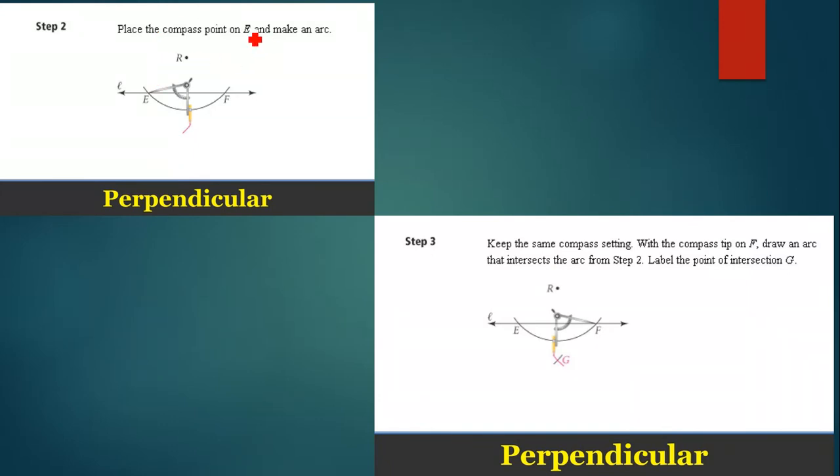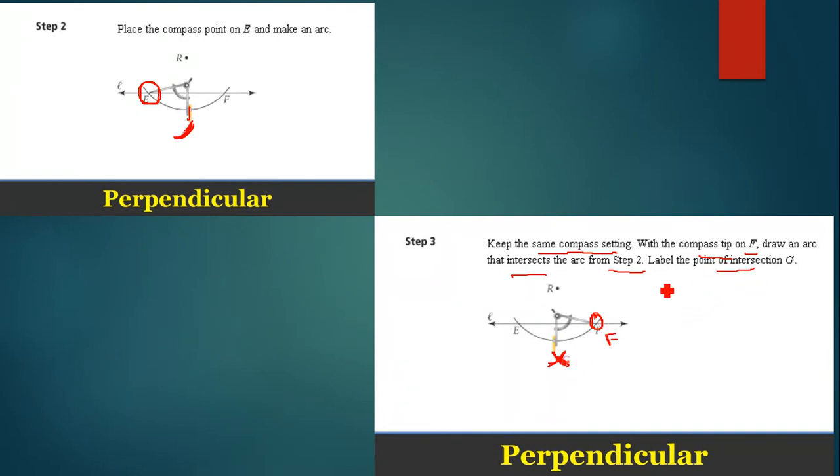Then place the compass point on E and make an arc. Keep the same compass setting, meaning no need to change the setting, and place the compass tip on F. Draw an arc that intersects the arc from set 1.